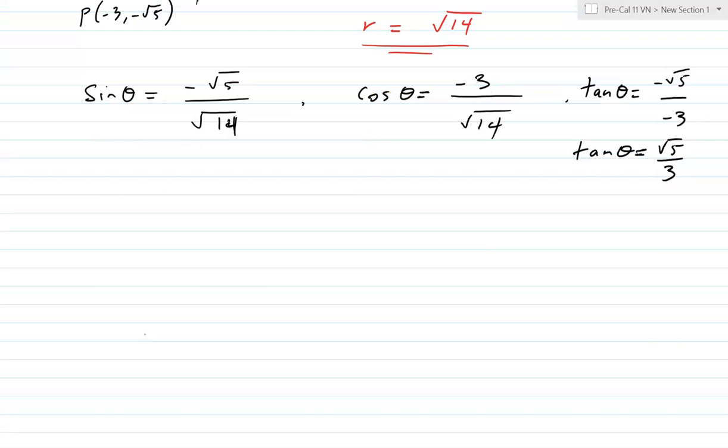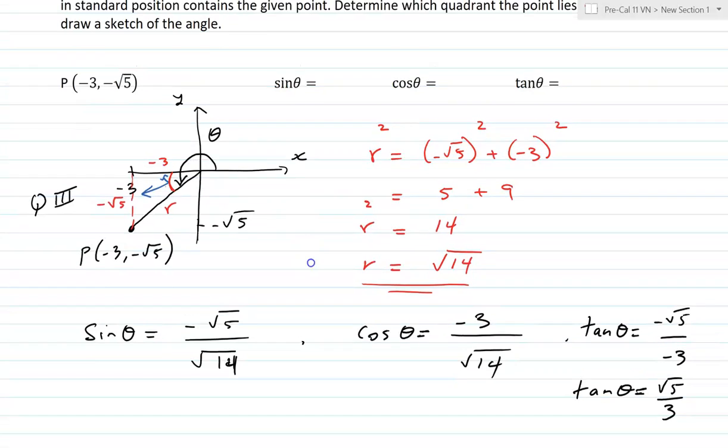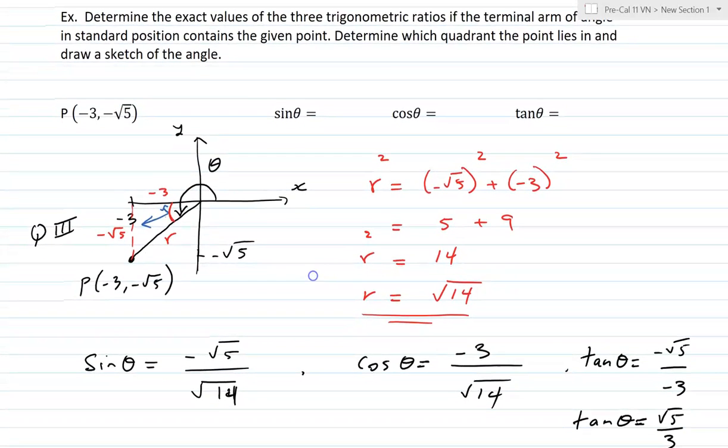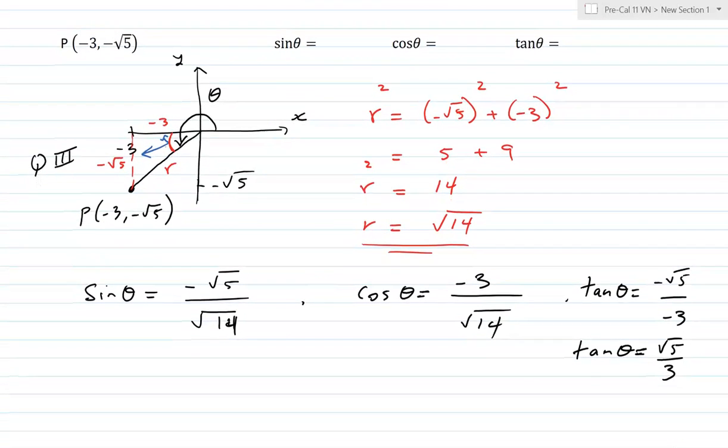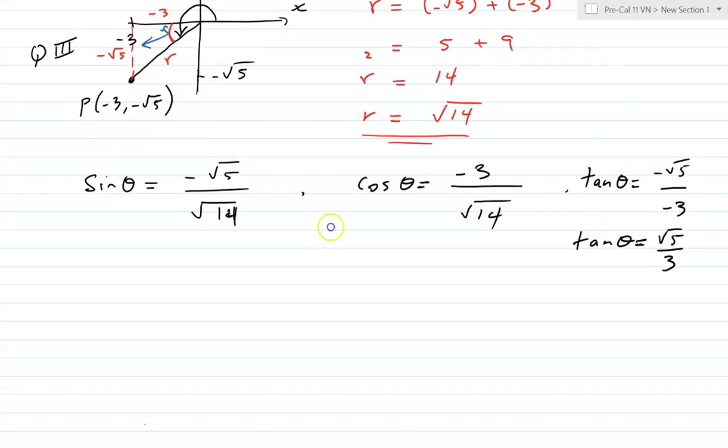So we answered the question. The standard position angle lies in quadrant 3. We came up with all the ratios, sine, cosine, and tangent, based on the diagram that we have. The length of the terminal arm, the hypotenuse, the radius of a circle in this case, because we used the triangle, is √14. Great. Now here's a question.